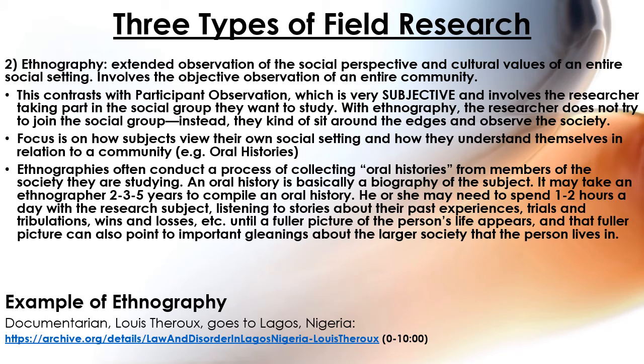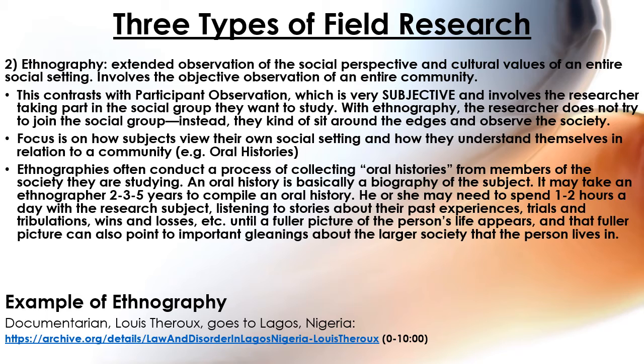The second type of field research is known as ethnography. Ethnography refers to an extended observation of the social perspective and cultural values of an entire social setting. So it involves the objective observation of an entire community. This contrasts with participant observation, which is very subjective and involves the researcher taking part in the social group that they're studying.